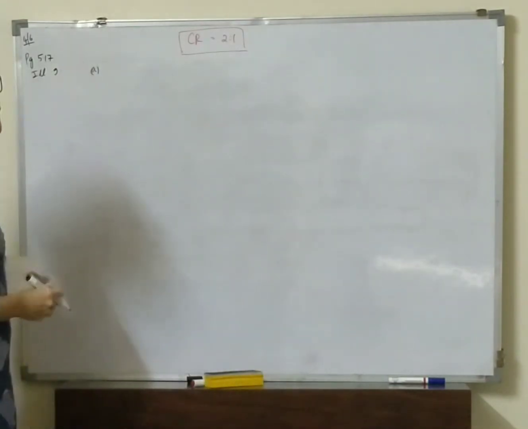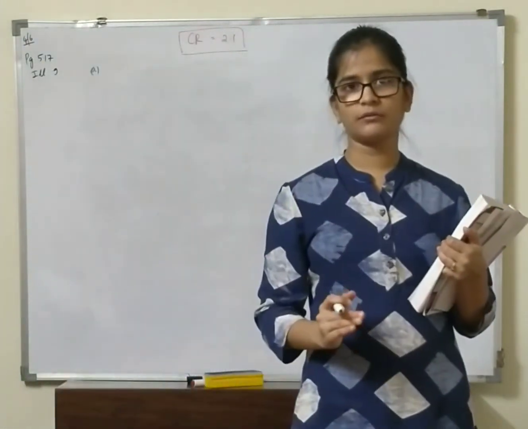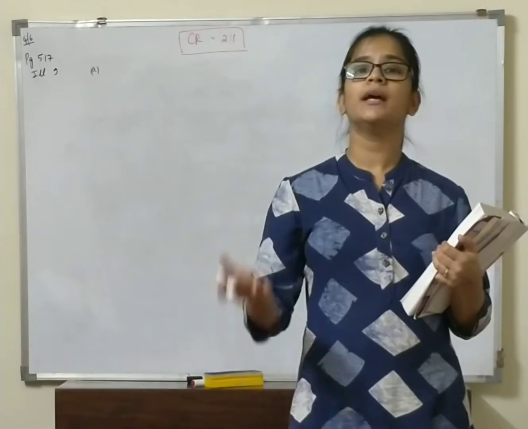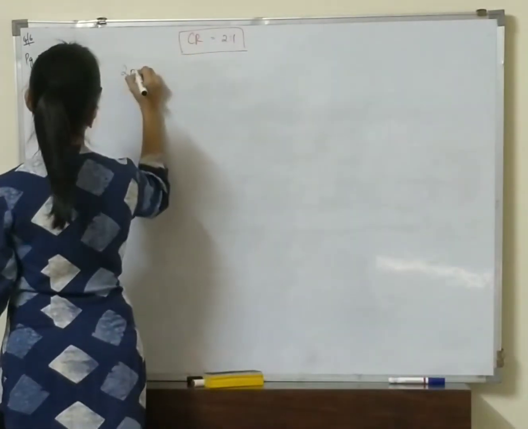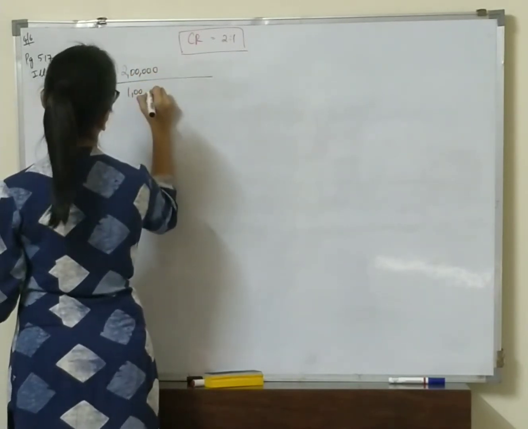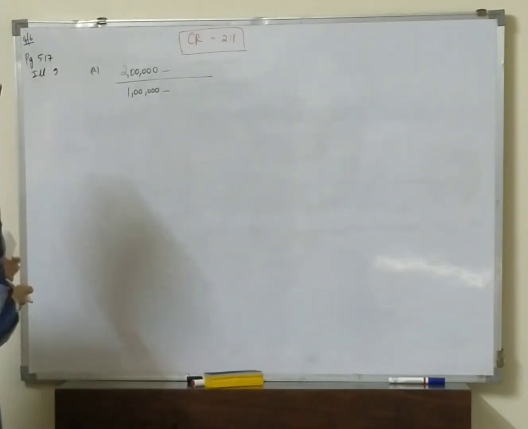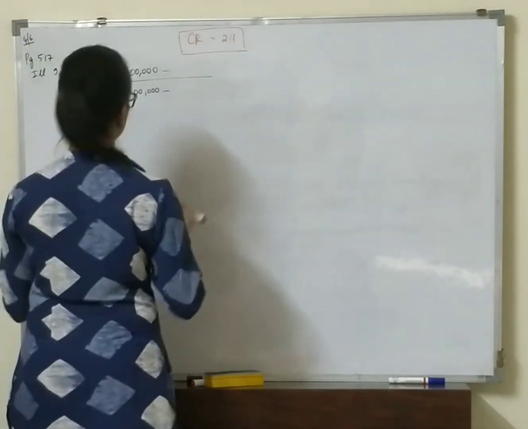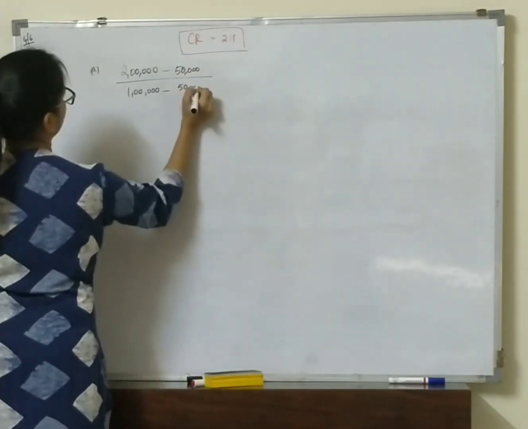So we are repaying the current liability. So what happens? Our cash is reducing, which means our current asset is reducing. Our liability is also reducing. Say for example, 2 lakh is our current asset, 1 lakh is our current liability. Now we have repaid a current liability, say worth of amount 50,000. So here 50,000 will reduce, 50,000 will reduce.